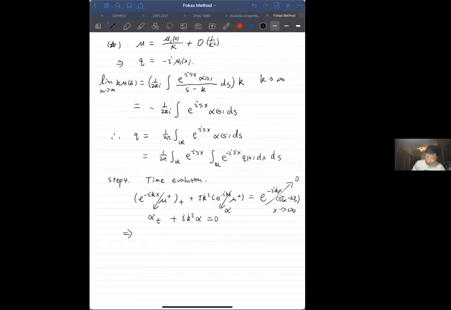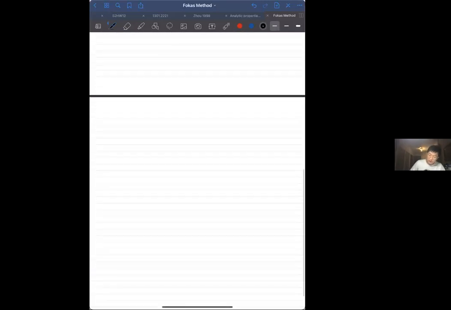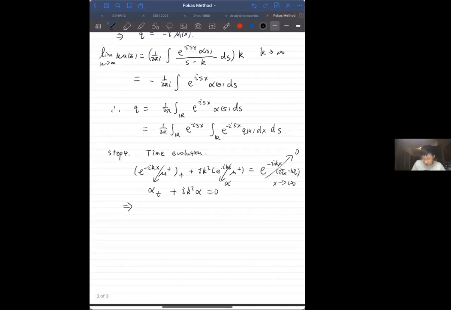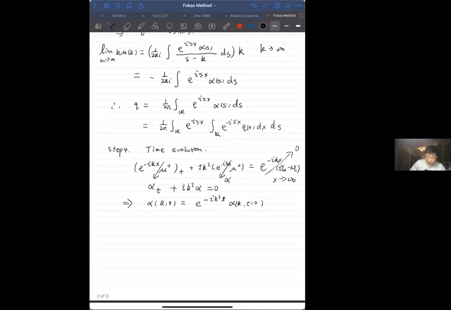And you solve this ODE. Basically, this is the ODE you get when you do the Fourier transform to the first equation. So what you got? Alpha(k,t) is equal to e to the minus i k squared t alpha(k, t equal to 0).